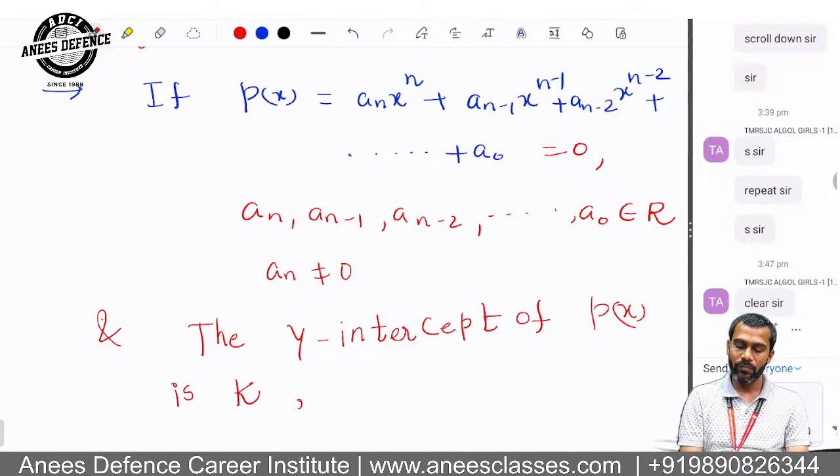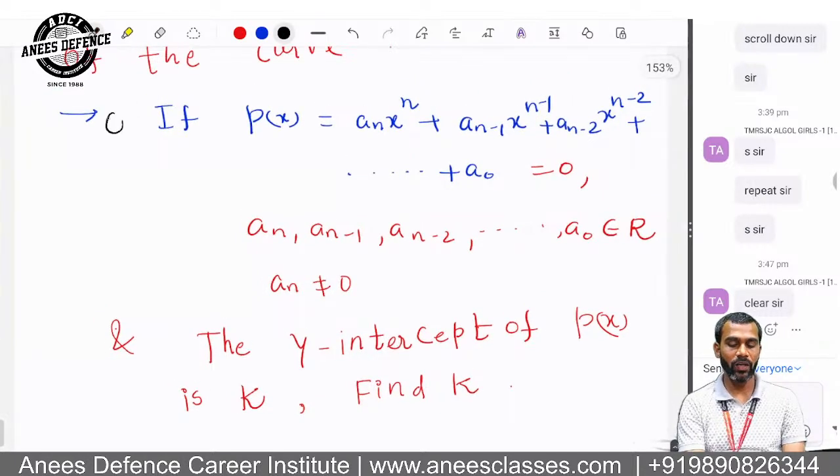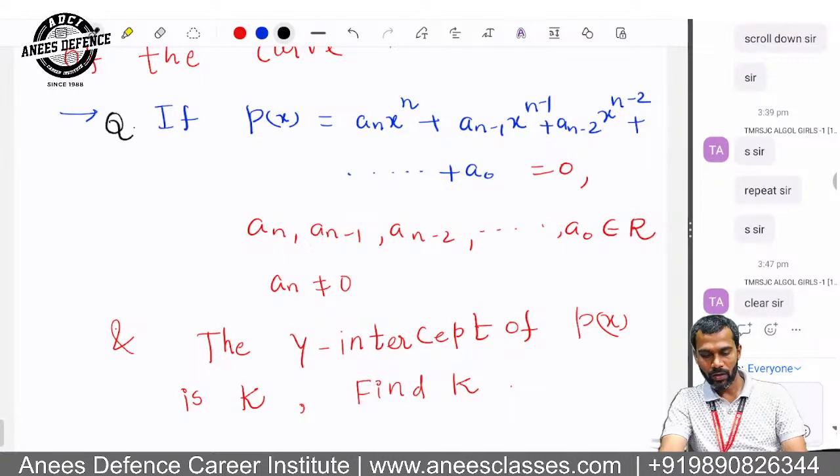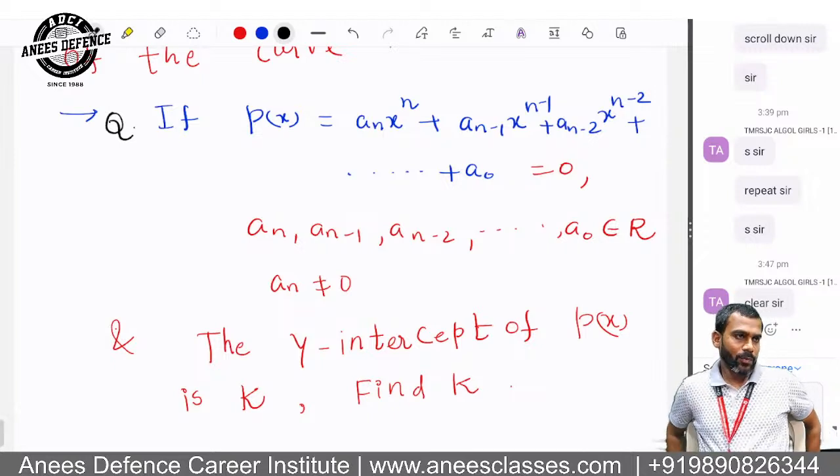Then find k. बोलना नहीं answer. Yes, online students, tell me. Have you understood the question? P of x is a polynomial expression or equation, we can say here, when equal to 0 I have written, where a n minus 1, a n minus 2 up to a naught belongs to R, and a n is not equal to 0. And the y-intercept of P of x is k. Then find k.